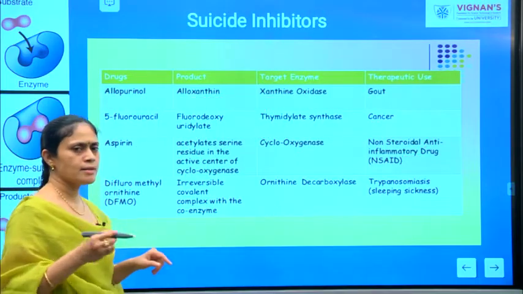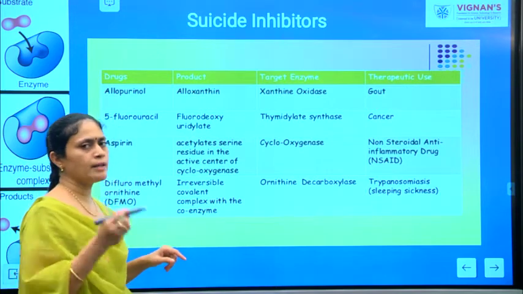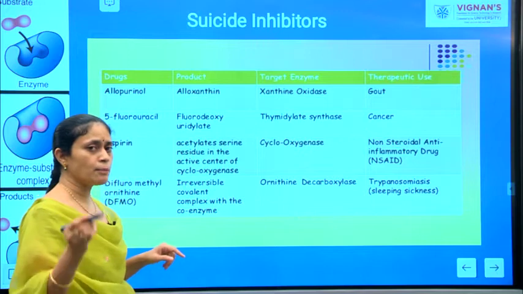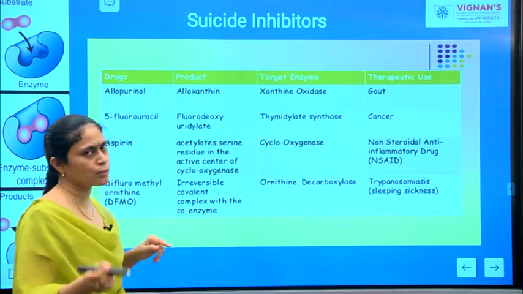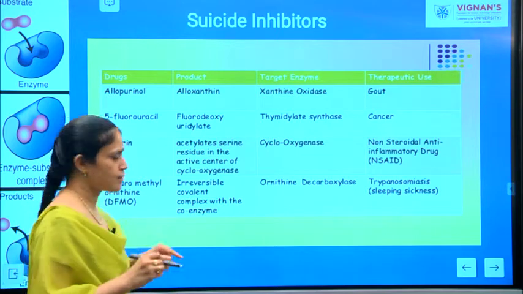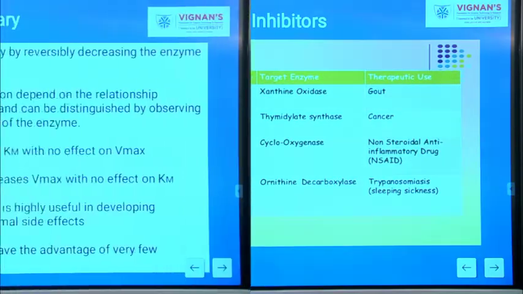So, various compounds are acting as inhibitors. We can consider the positive effect of those inhibitors. We can use them as drugs in order to treat various diseases. This is the positive aspect of your inhibitors.